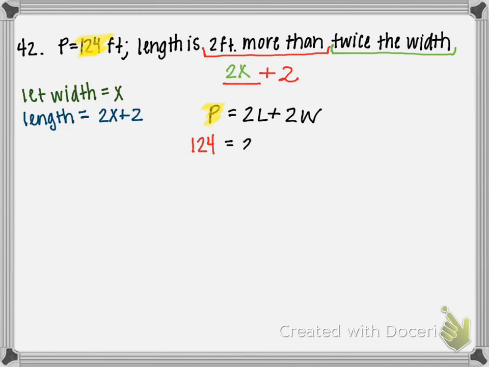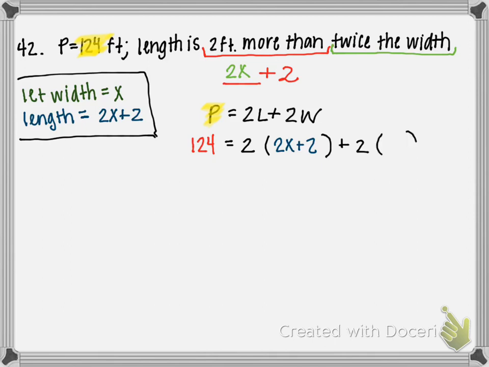We have equals 2 from the formula, but we're going to take the L out and plug in the expression for length over here, which is 2x plus 2. Plus 2 from the formula. And instead of width, we will come over here and look what width is equal to, and we see that it is x. So we'll plug an x in. Now this entire equation is in terms of x, and we can start trying to solve it.